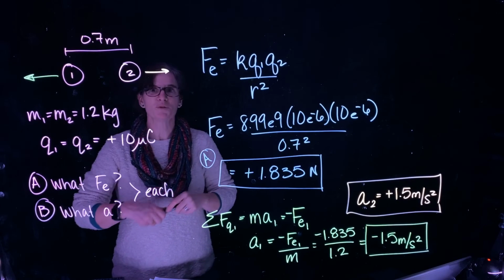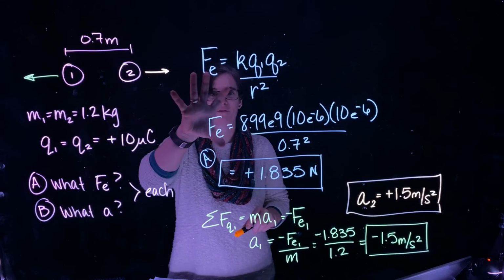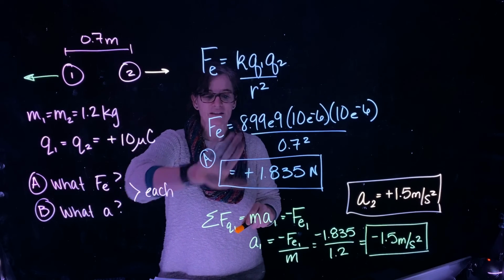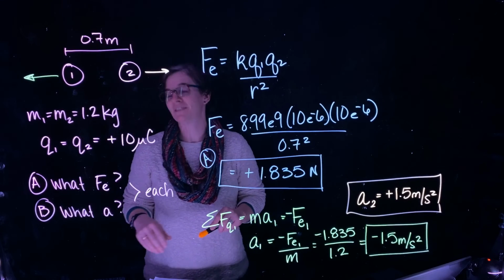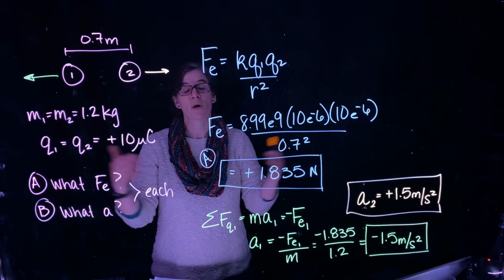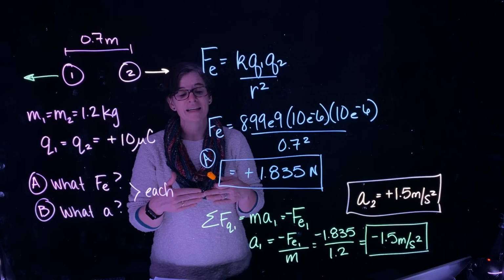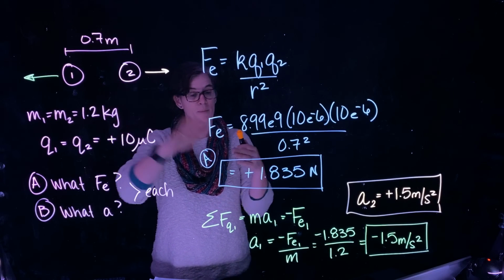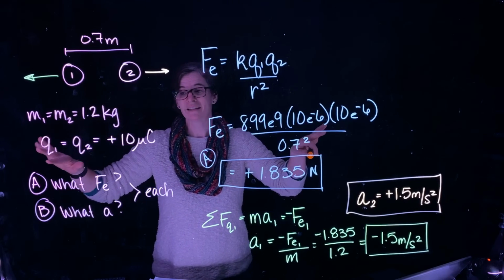All right, so using Coulomb's law to get the magnitude of that force, recognizing the direction, the positive or negative that comes out of Coulomb's law tells me whether I'm repulsive or attractive. In our case, this was a positive, so it was repelling.